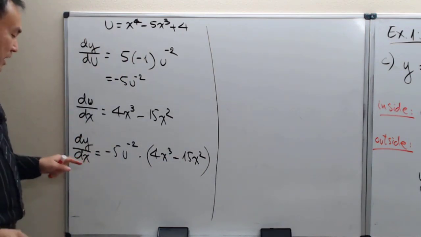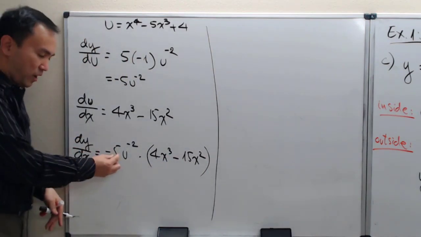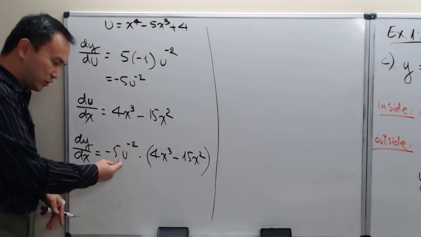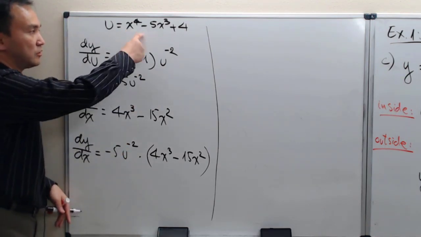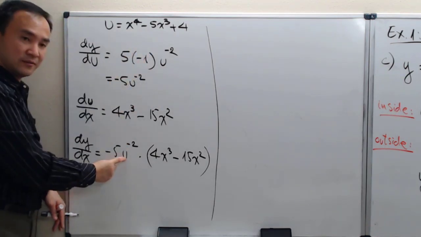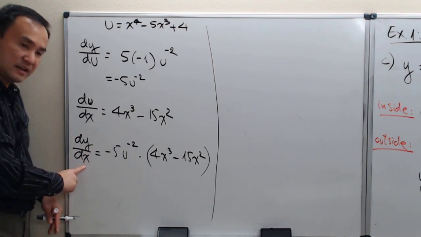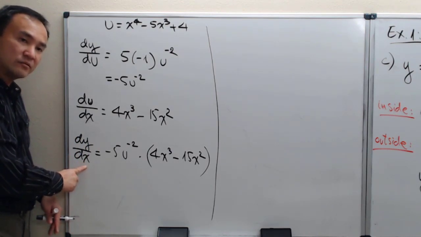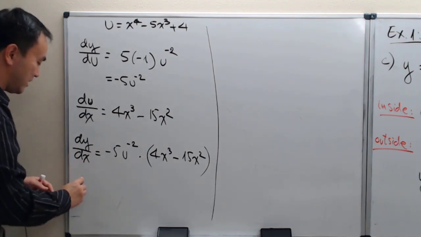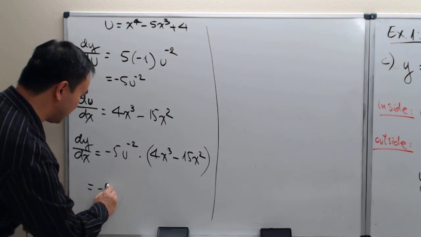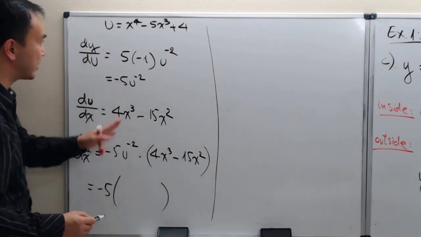But now keep in mind, at this point, the reason why we have to strictly bring the original substitution of u back in for where it's supposed to be is because our final expression, our final derivative, is required to be in terms of x. Okay, and so now minus 5 times, but just simply bring back what u was.